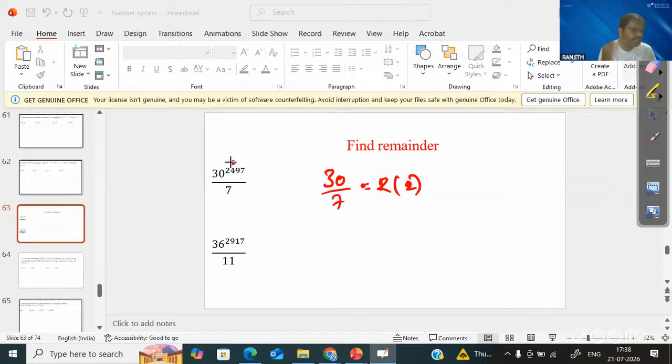So I am having a remainder, it can be positive or negative. So 30 divided by 7, remainder is 2.